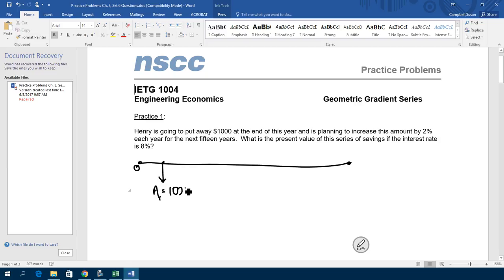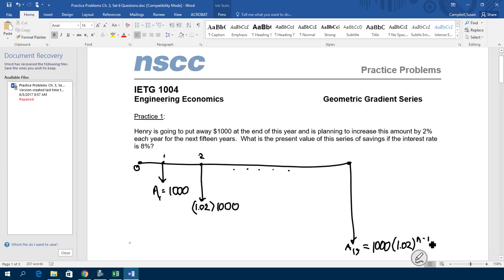A1 is $1,000, and the second payment is going to increase by 2%, or multiply that by 1.02, etc., until we have some amount here in A15, which will be A1 times 1.02 to the n minus 1, and this is in year 15.